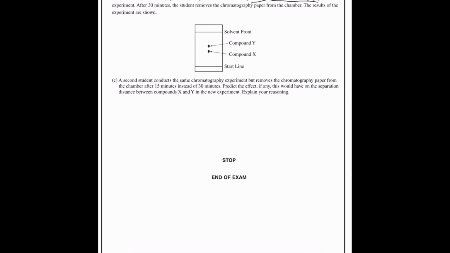Except there's less movement for both of them, so it doesn't accelerate up as fast, if I can say that. So the distance in between them will be less. So less time, less travel.